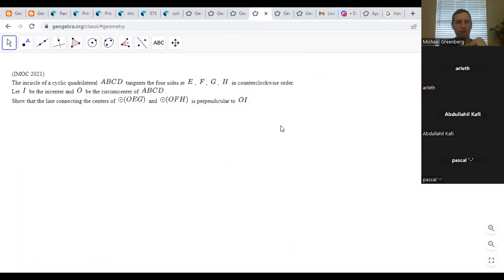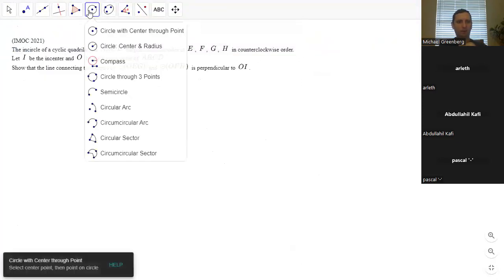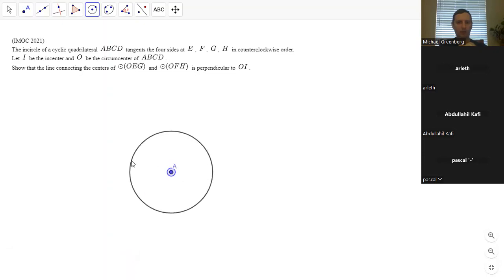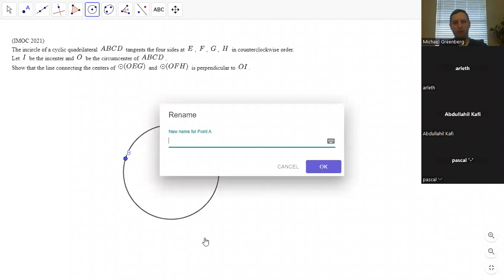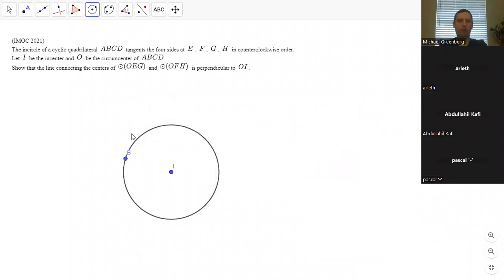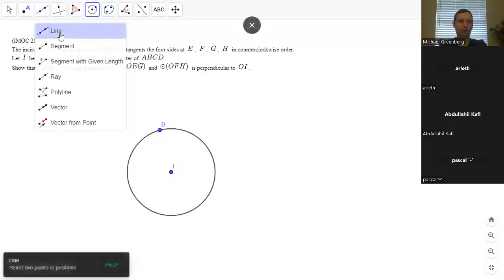So you have a bicentric quadrilateral. I think there's a general way to construct them. So basically, we have a quadrilateral that has both an incenter and a circumcenter. So it's both cyclic and circumscribed.